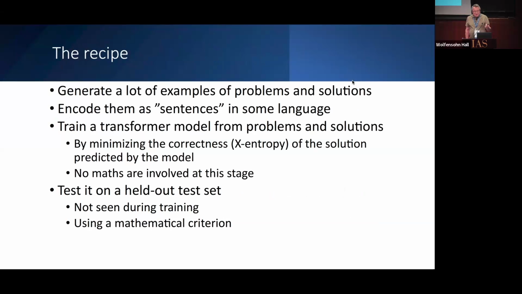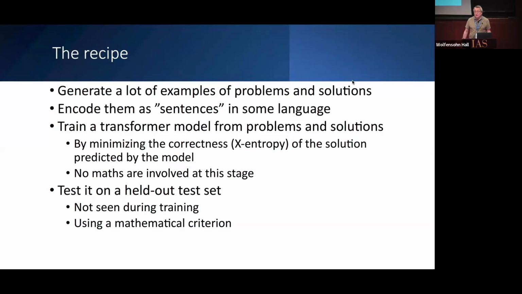So the recipe for this kind of thing is that you want to learn from examples. You need to generate, or in the case of physics take, a lot of examples of problems and solutions. You encode them as sentences in some language, and you train a transformer model, which is the basis of language models, from problems and solutions by minimizing what we call the cross entropy.